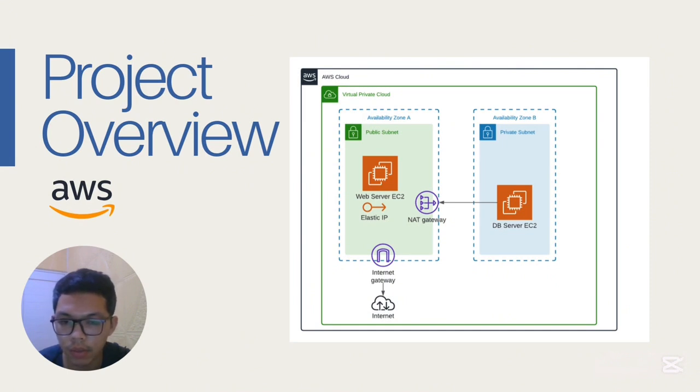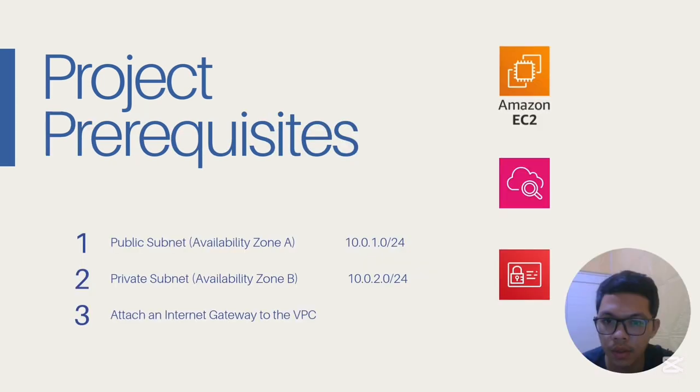So it's very simple and secure and scalable. So let's do it. So this is a brief project prerequisites for our project. I will give the CIDR blocks for my subnets. For the public one, I will give 10.0.1.0/24. For the private subnet, I will give 10.0.2.0/24.